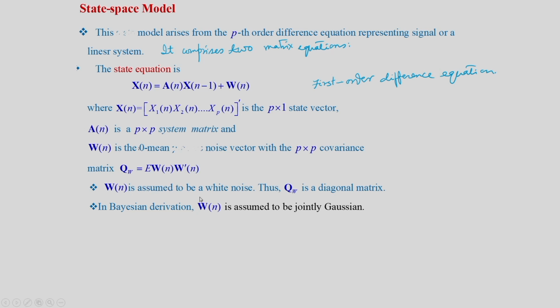Since wn is assumed to be a white noise, Qw is a diagonal matrix. So, this Qw matrix is a diagonal matrix. In Bayesian derivation, wn is assumed to be jointly Gaussian also. In addition to white, this is assumed to be Gaussian also.